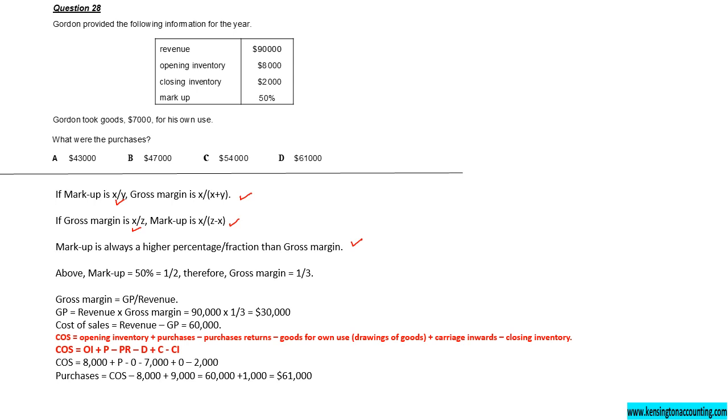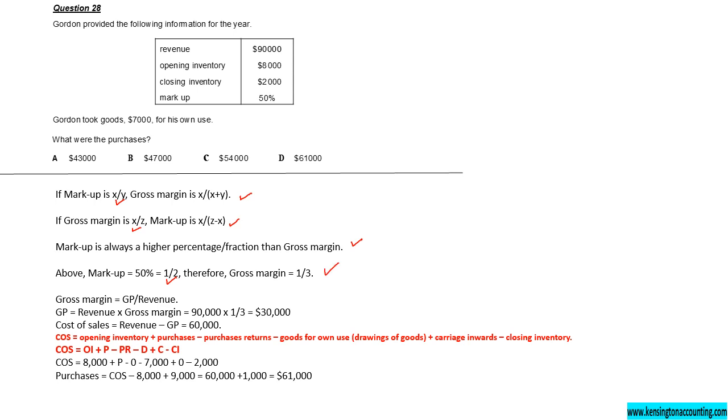Okay. So above, the markup is 50%, which is half. Therefore, gross margin: this is x divided by y, x is 1, y is 2. Therefore, gross margin is x divided by x plus y. X is 1, x plus y is 3. Therefore, gross margin is 1/3.